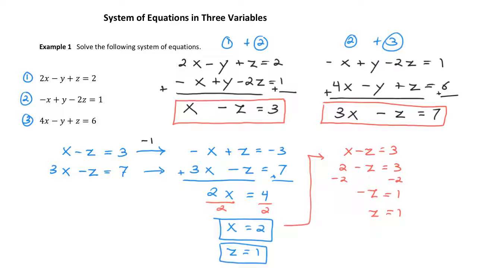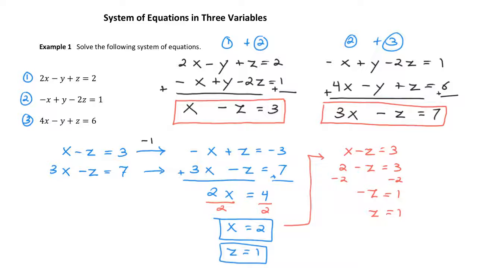So I have x, I have z, I just don't have y. Like I said before, you can use any equation that has all three variables in it to figure out the y. In equation 2, I know x, I know z, I just don't know y. I'm going to use this one here. I'm going to put 2 in place of x and 1 in place of z.